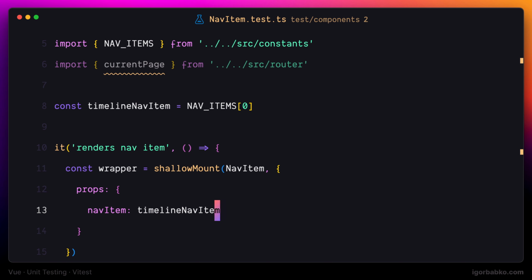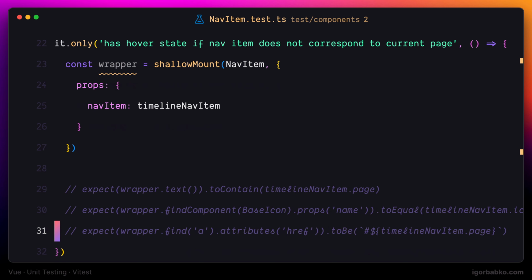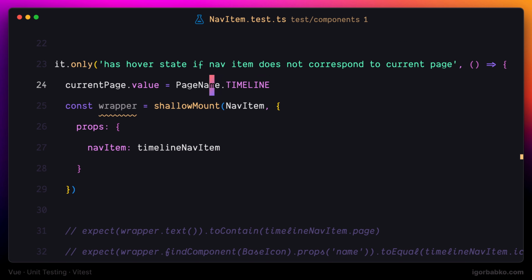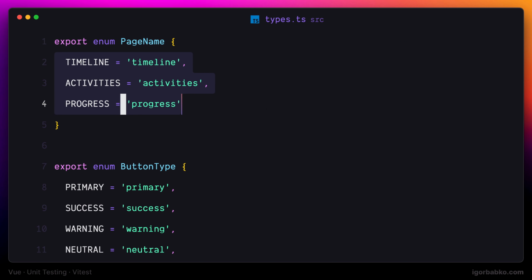Before mounting the component, let's do a little preparation where we're going to make the timeline page active. We can do so by simply assigning the name of the timeline page to the current page reactive variable, like so. Here we're using the page name enumeration, which basically stores all pages in the application, and one of those pages is the timeline page.